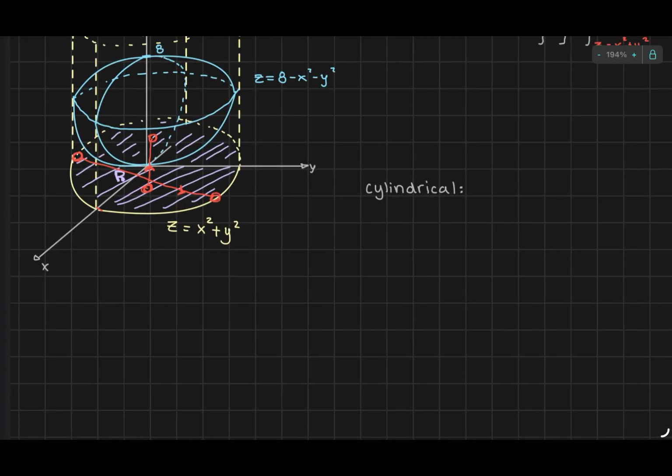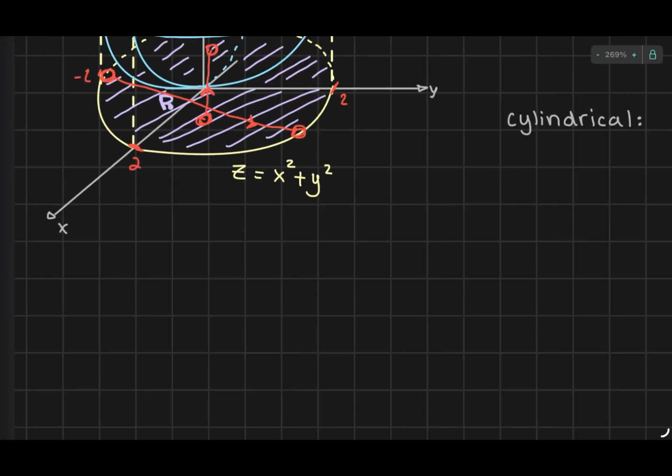So this is going to be a radius of 2 all around, negative 2 to 2.